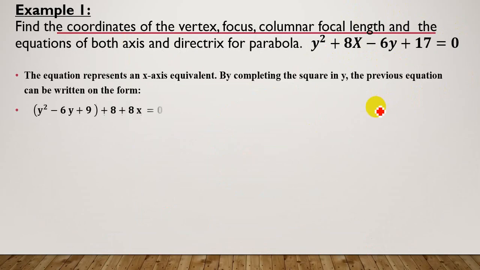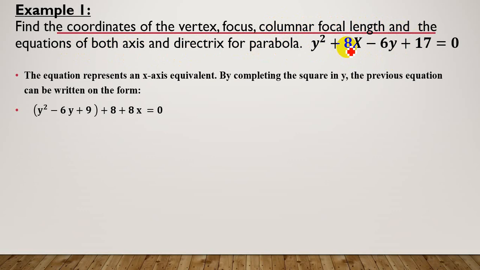Okay, finally, if we have an example, we need the coordinates of the vertex, focus, and the focal length, the equation for both the directrix and the axis of the parabola. We have this equation.